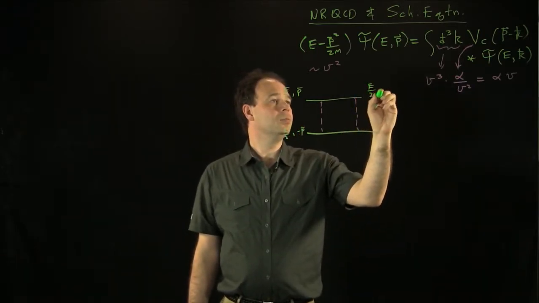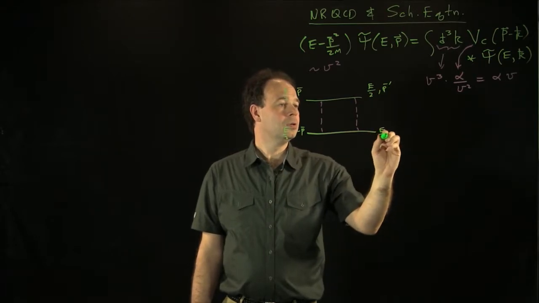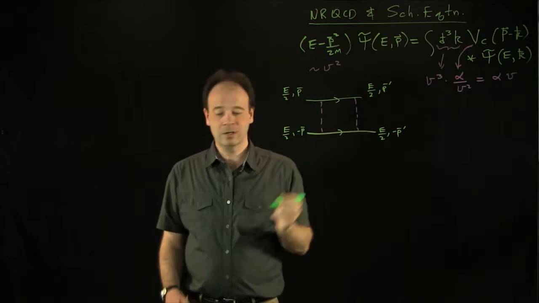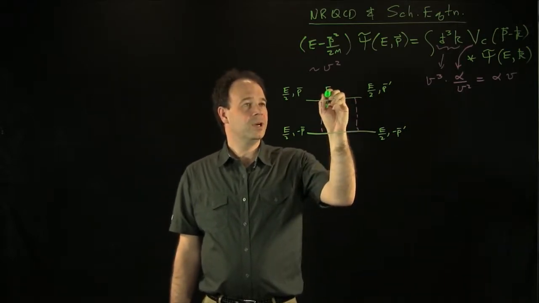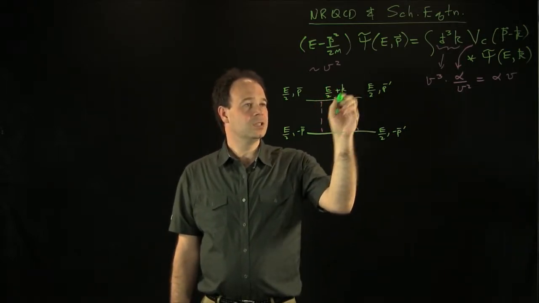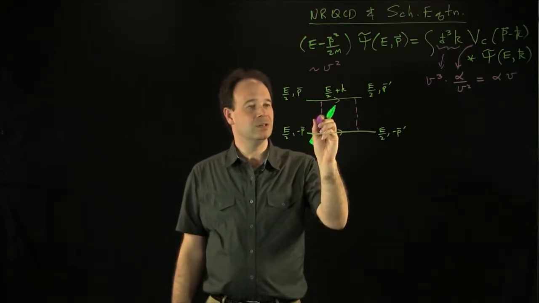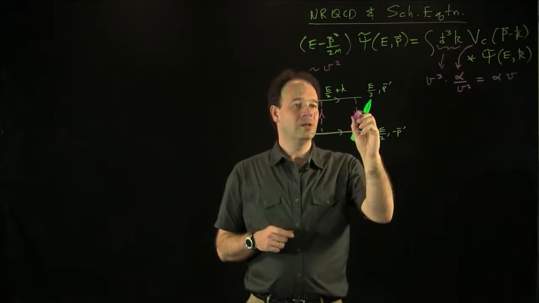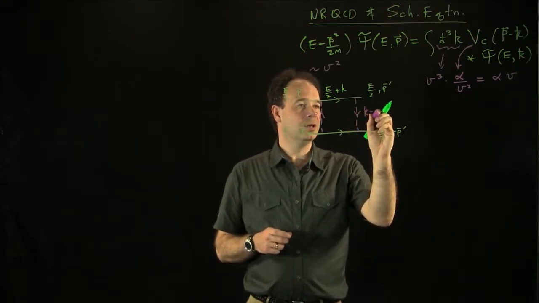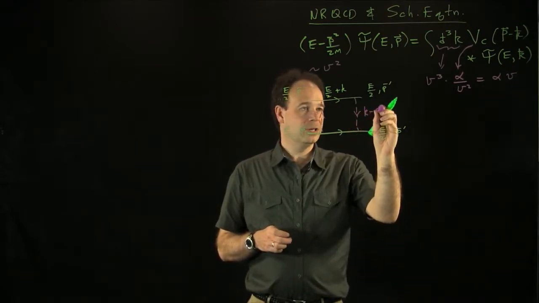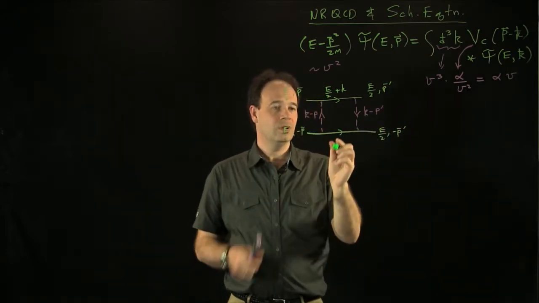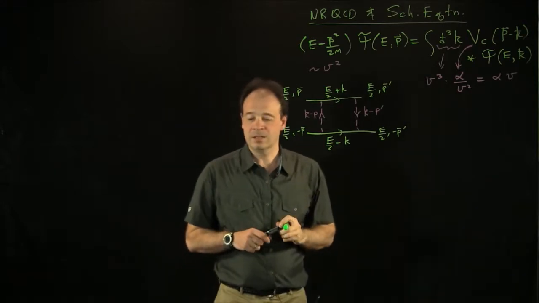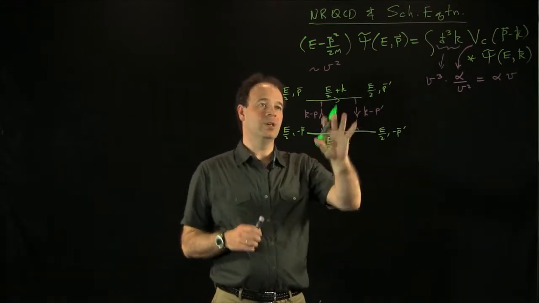This will be E over 2, p prime, and E over 2, minus p prime. So the particle and the antiparticle. And then in the loop, I'll let this be E over 2 plus k. And so what that means is that this line is carrying k minus p. And then down this line will be k minus p prime. And then down here, we'll have E over 2 minus k. OK, so that's the routing for the momenta in this loop diagram.